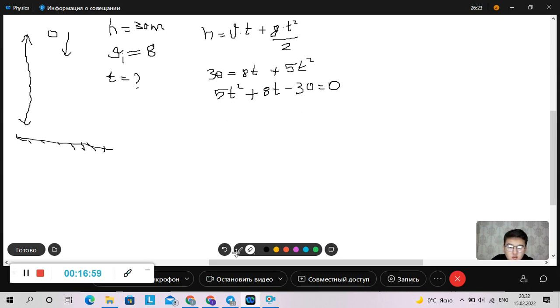Then we need to find it with the discriminant also. This is equal to minus b plus minus the root of b squared minus 4ac, over 2a.